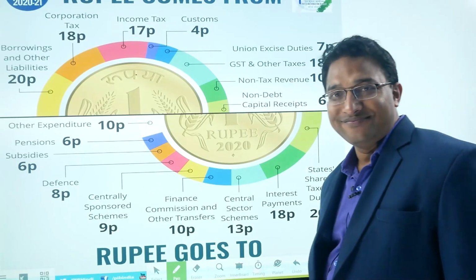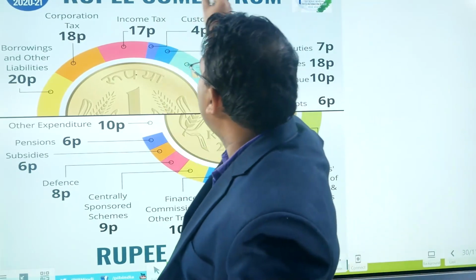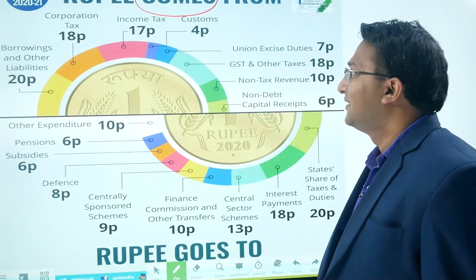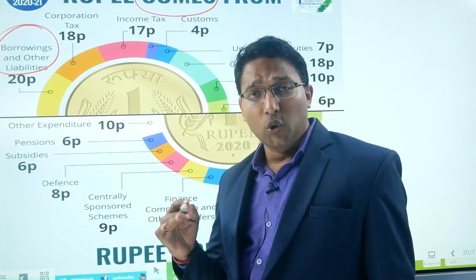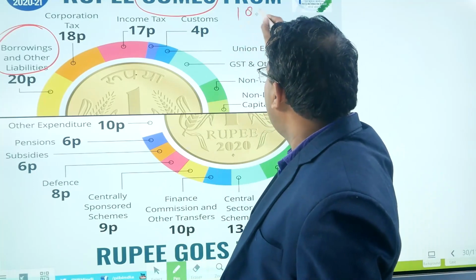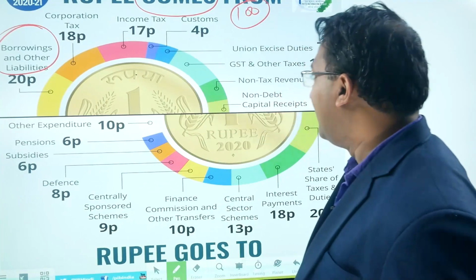Where the rupee comes from. So what are the sources of receipt? Borrowings and other liabilities, 20%. 20% not of GDP, 20% of the total receipt. If total 100 rupees are received, then out of 100 rupees, 20 rupees are the borrowing and other liabilities.